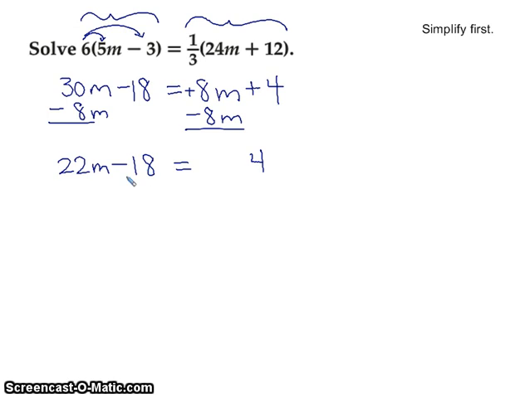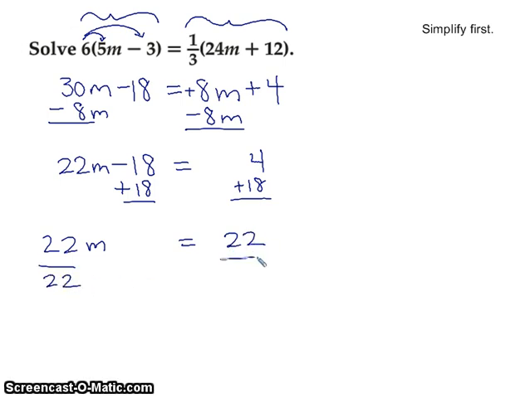So the reverse order will be adding 18 to both sides. And we have 22m is equal to 22. And we'll divide both sides by 22, and m is equal to 1. And notice that my equal signs are all lined up so that I can keep the equation balanced.